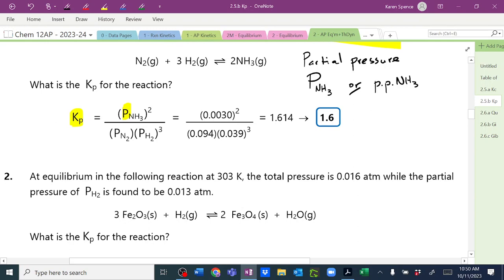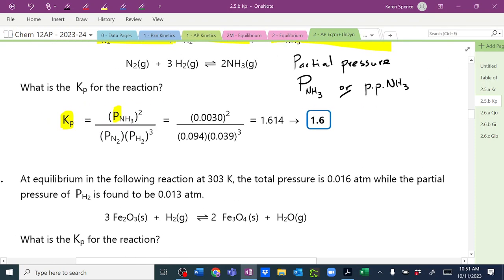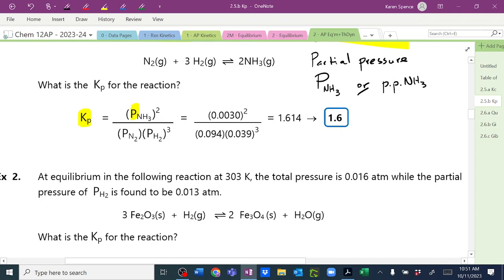There's lots of blank paper at the back if you want to cover it up with that and write your answer on it. We are on example 2. If you want to do example 3, you can do example 3.